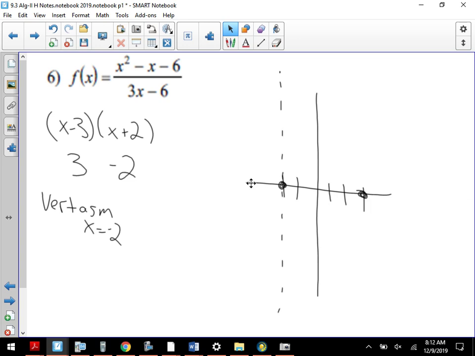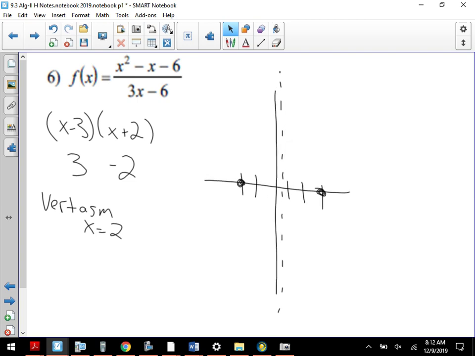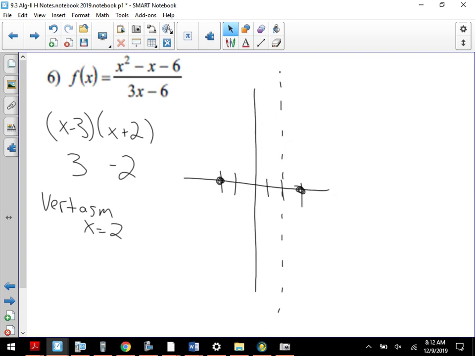And then this one has a degree in the numerator that is 1 more than the degree of the denominator. So now it's just a matter of getting this one's going to have the slant. When you have the slant asymptote, remember, take your numerator, x squared minus x minus 6.